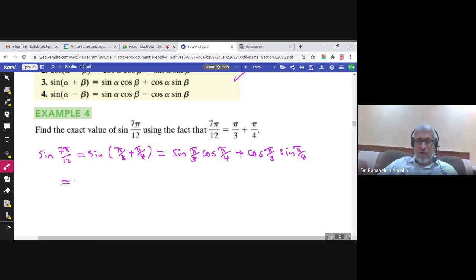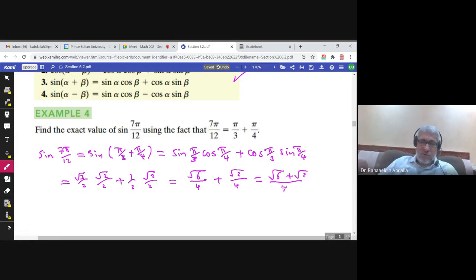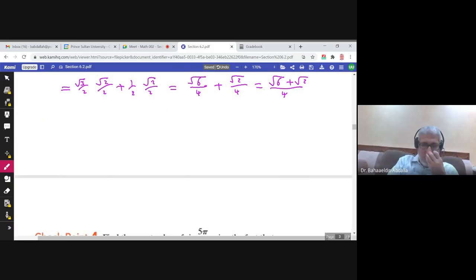Sine pi over 3 is square root of 3 over 2. Cosine pi over 4 is square root of 2 over 2. Cosine pi over 3 is half. Sine pi over 4 is square root of 2 over 2. Multiply, add. So this is the answer: square root of 6 plus square root of 2 over 4.